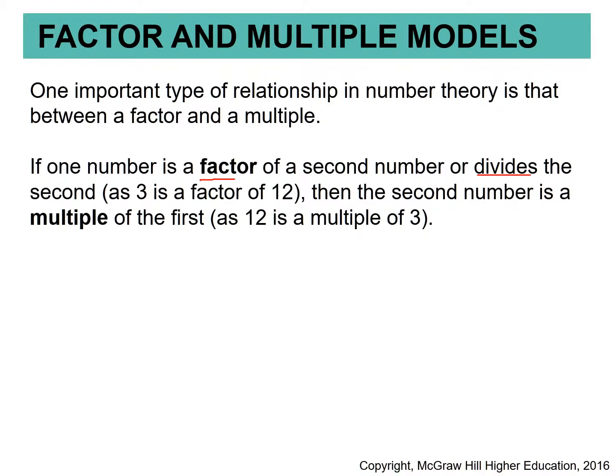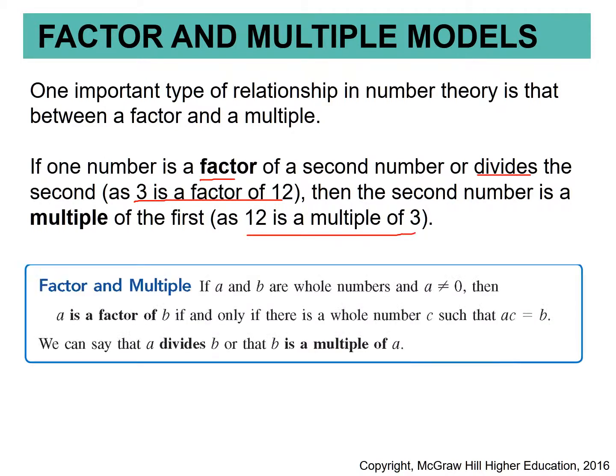We also say 3 will divide 12. If we have one number as a factor of another, then the second number is a multiple of the first. So we can say that 3 is a factor of 12, which is the same as saying 12 is a multiple of 3. So they have this inverse relationship to each other.